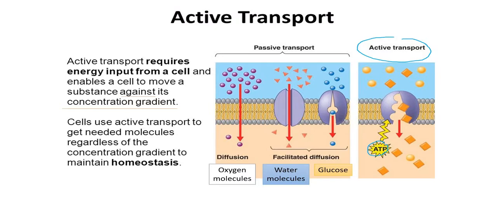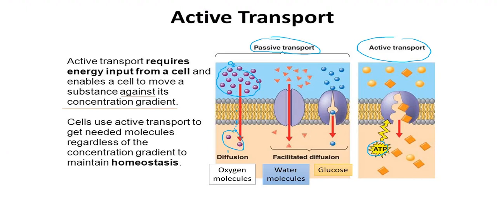On the other hand, our passive transport has three types. Diffusion, like gases, for example, oxygen, they don't even need any transmembrane protein, they just easily diffuse to the other side of the membrane, across the membrane, from an area of high concentration to an area of low concentration.